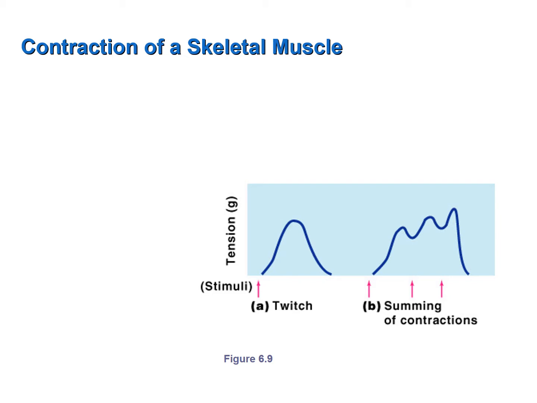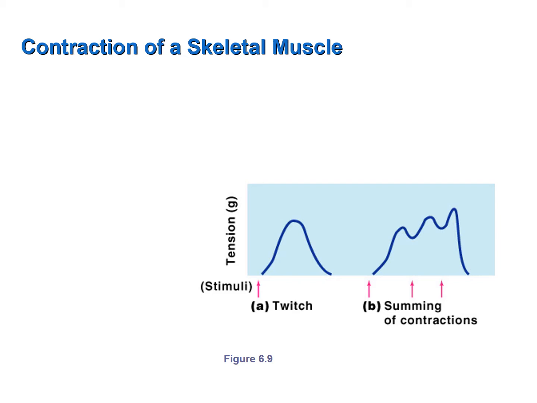Then we see tension beginning to fall again as that calcium moves back into the sarcoplasmic reticulum. Then a third electrical stimulation is delivered to the gastrocnemius muscle, and again we see a rise in tension, this time to a level greater than the tension produced by the 2 previous electrical stimulations. And then in the absence of additional stimulations, there is a fall in tension back to zero.